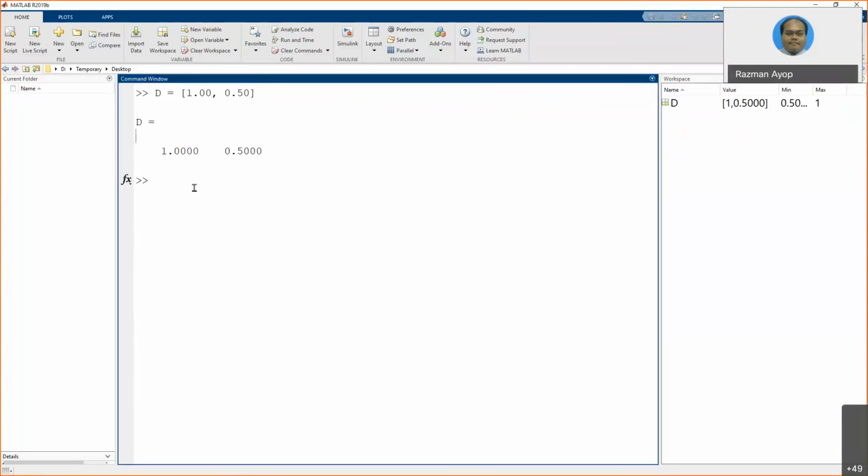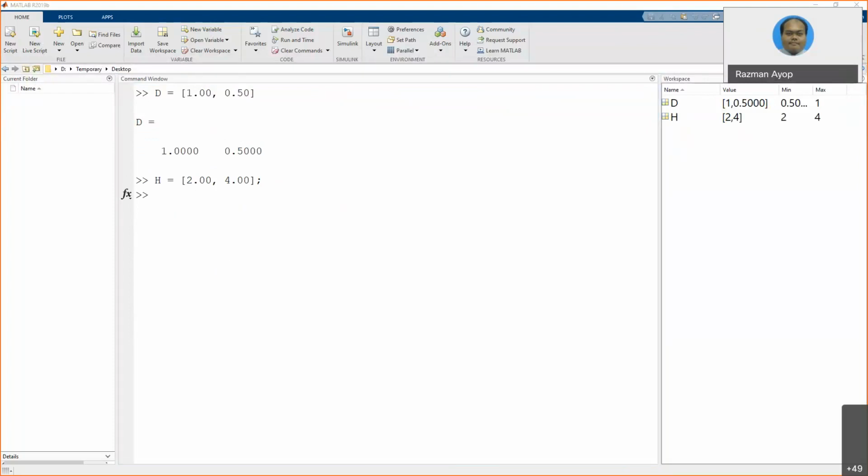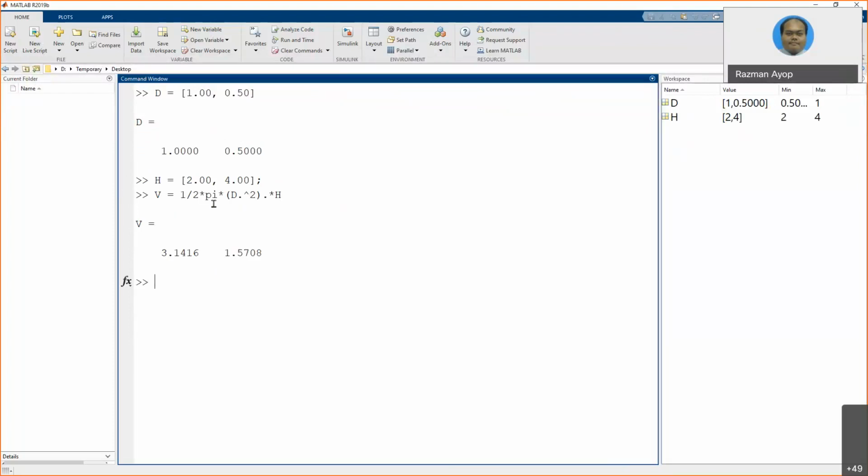Hash is this one. Okay, if you don't want to see the display of the input, you just put a semicolon. Then it will not show this result. Okay, this is just a trick on how to do this. And then you put the formula here. Okay, you will get the answer.